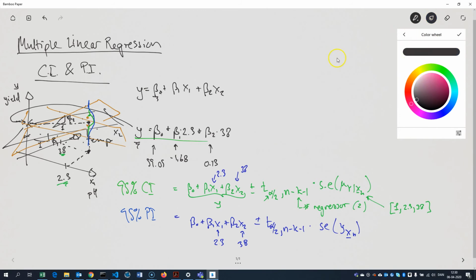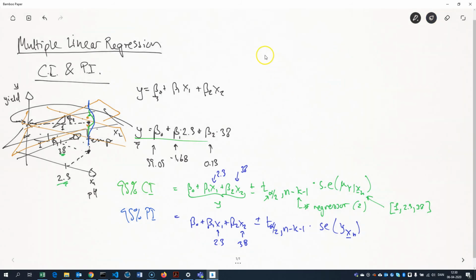In order to make any sense out of the formulas, we need to define a few things here. We have to define what we call a design matrix. That's a matrix which contains ones in the first column, and then the x1 variable, let's call it x11, x12, x13, and so on down to x1n.